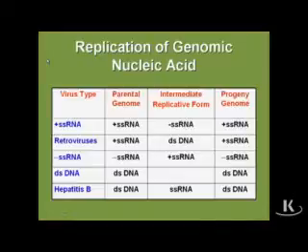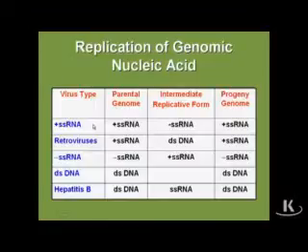This table really describes the replication of genomic nucleic acid very well. If you look at the column that says parental genome, you're going to notice that progeny genome is exactly the same. The parent and the progeny are going to be identical. So really, all you have to do is look at the intermediate replicative form. So let's start with the positive stranded RNAs, okay?